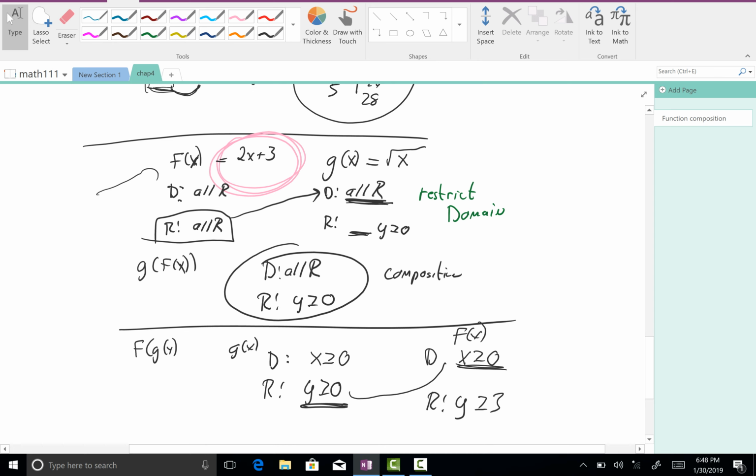So Desmos graphs it for us. And it also shows you it's not commutative, because the other one was there, and they are different graphs.